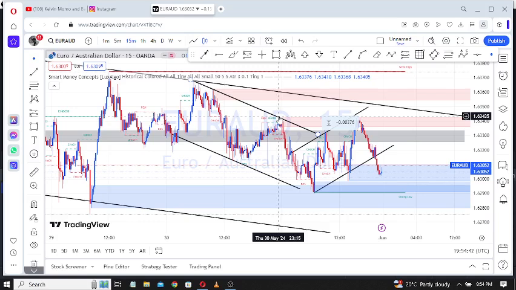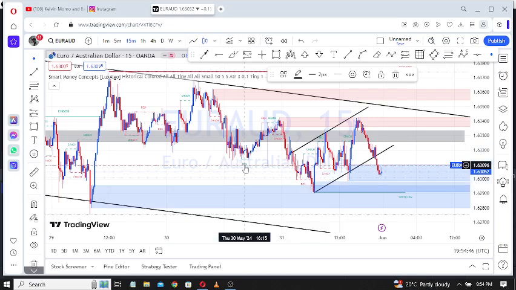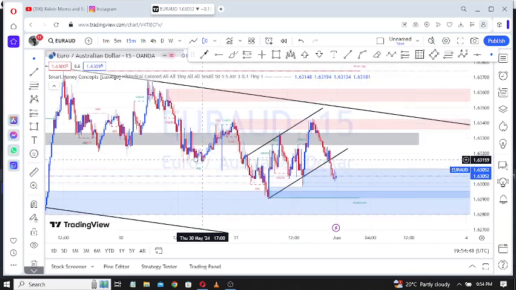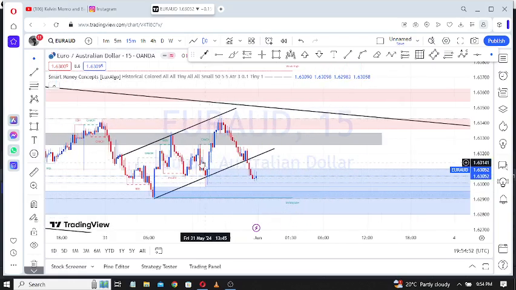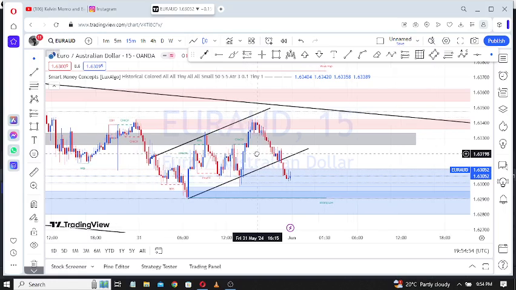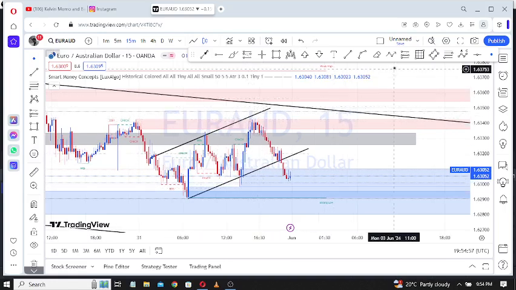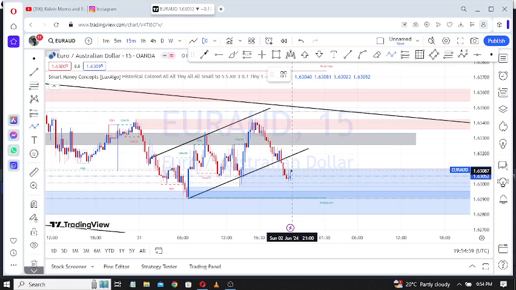So we have the same scenario printed right here, right? Let me just remove this to show you what we are currently looking at. We are at an indecision point whether the market is going to respect the structure and change direction and go to the upside, or the market is going to continue going to the downside as it did in previous scenarios.